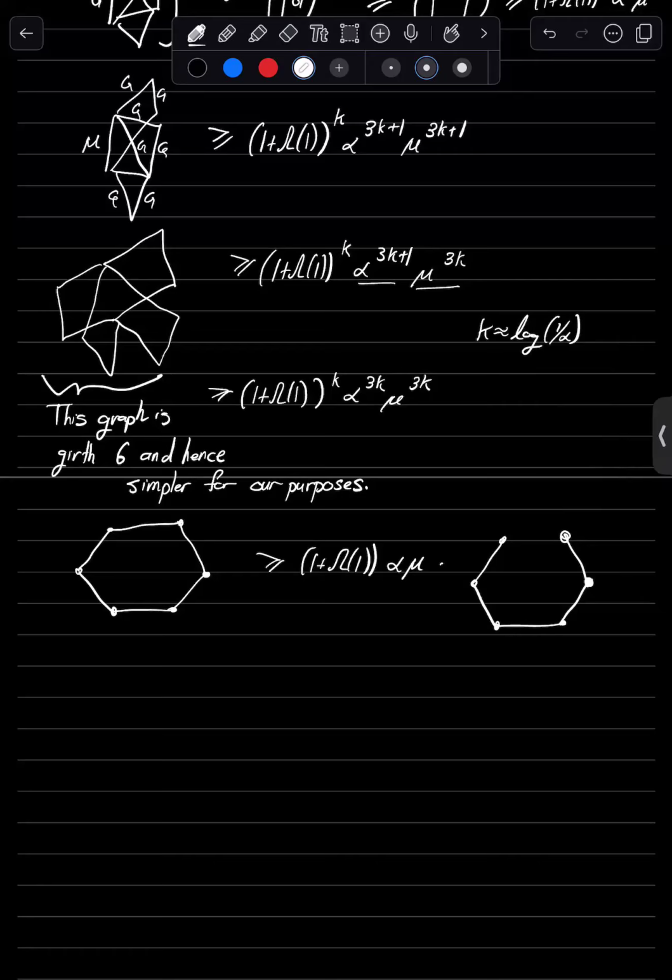And at this point, the proof from here uses a crucial idea called densification of Conlon-Fox-Shao.